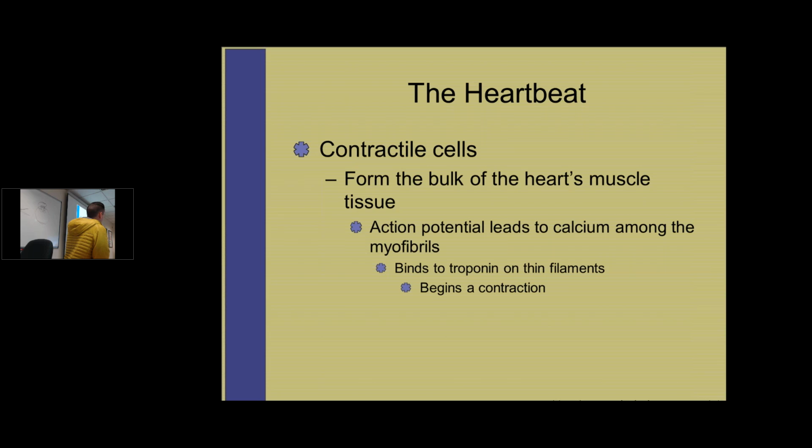And once you get that electrical potential that reaches the muscle, it acts to control the calcium channels at the muscle membrane. The calcium rushes into the cell and causes the cell to contract. Because that calcium binds to troponin, and then the muscle contracts, right?